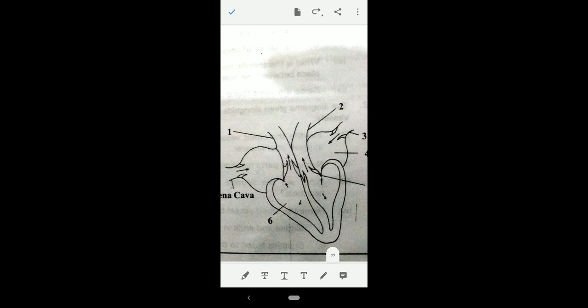We have two atrioventricular valves, that is tricuspid and bicuspid. So two valves are closed, tricuspid and bicuspid, and two valves are open, the aortic semilunar valve and the pulmonary semilunar valve. So I have discussed one page of your exercises.